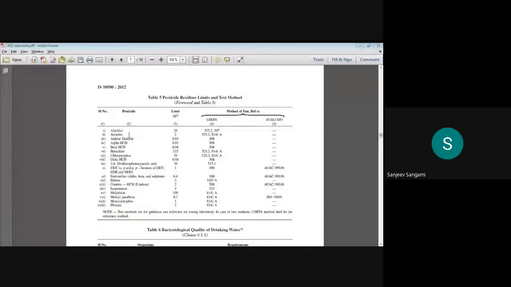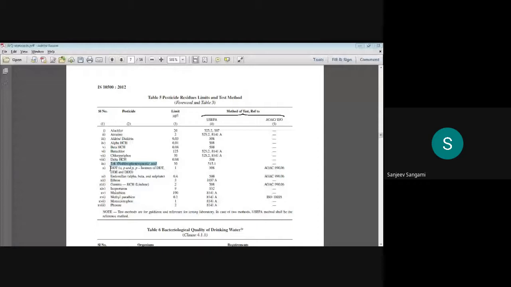Then aldrin, alpha, beta. Then 2,4-D, 2,4-dichlorophenoxyacetic acid, is also nothing but a herbicide. It is used to kill the unwanted plants present in farm fields, or in gardens, if you want to remove unwanted plants, you can directly spray it.